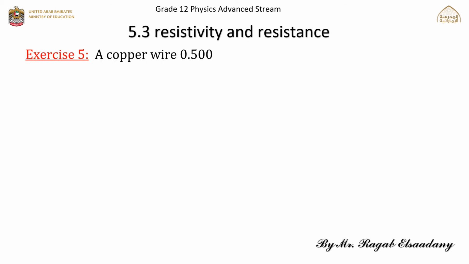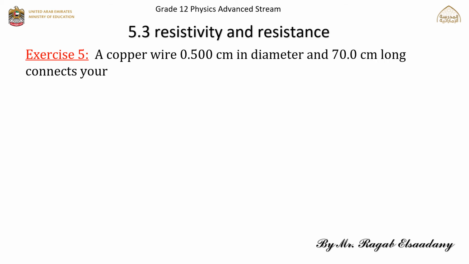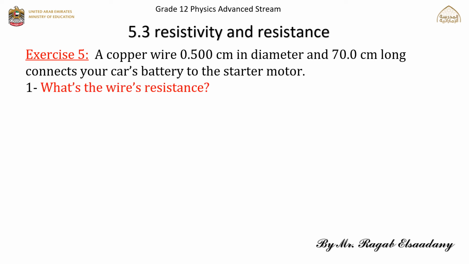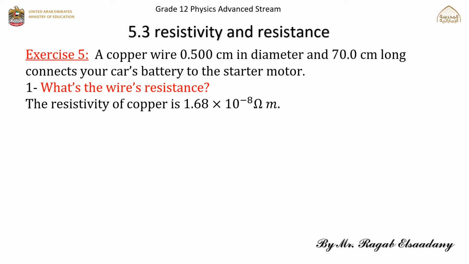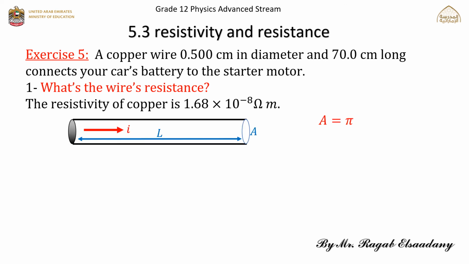Exercise number 5. A copper wire 0.5 centimeter in diameter and 70 centimeter long connects your car's battery to the starter motor. What is the wire's resistance? Recall that the resistivity of copper is 1.68 times 10 power minus 8 ohm meter. A equals pi r square, and r equals 5 times 10 to power minus 3 divided by 2, which is 2.5 times 10 to power minus 3 meters.